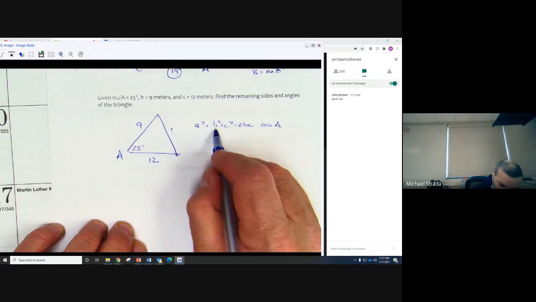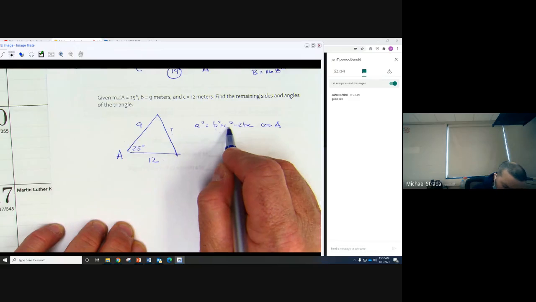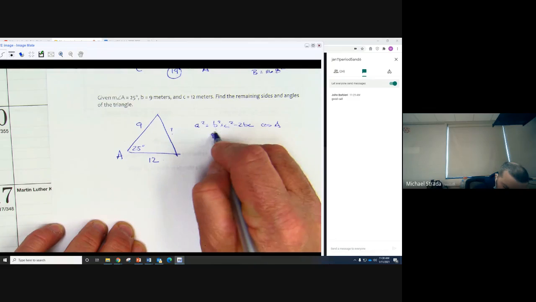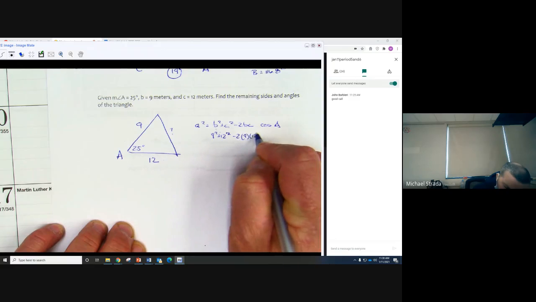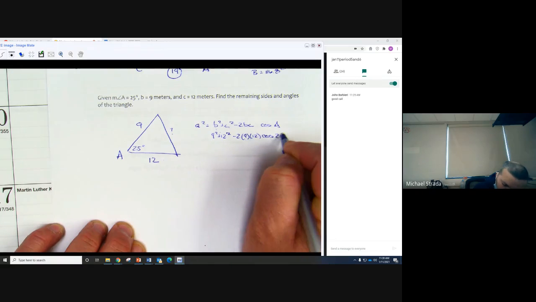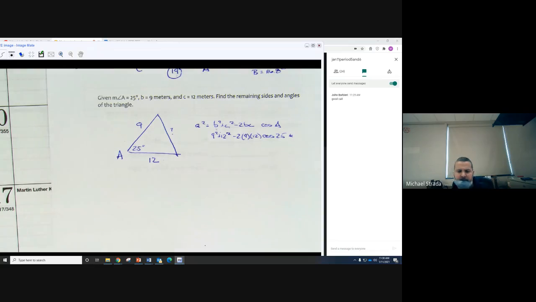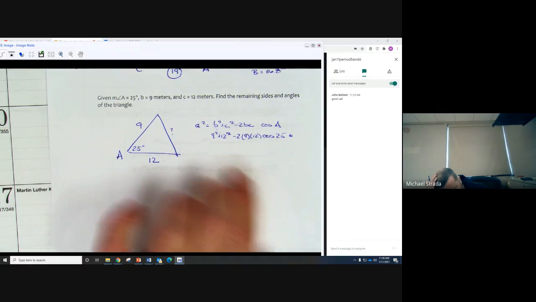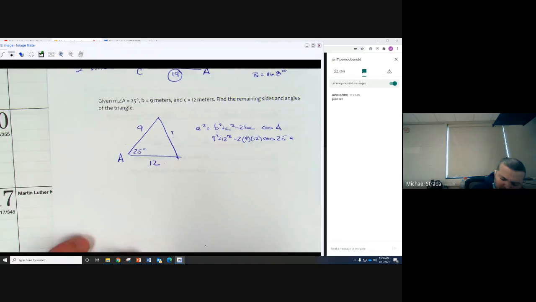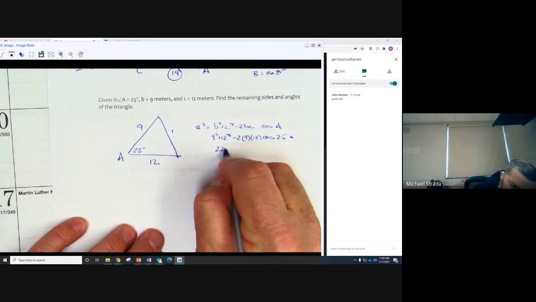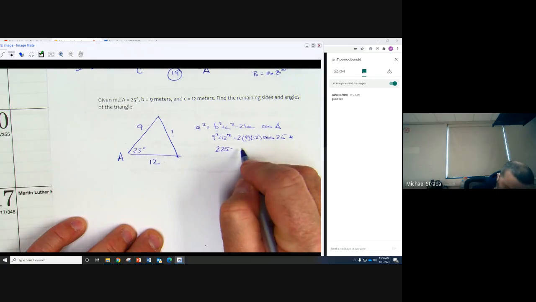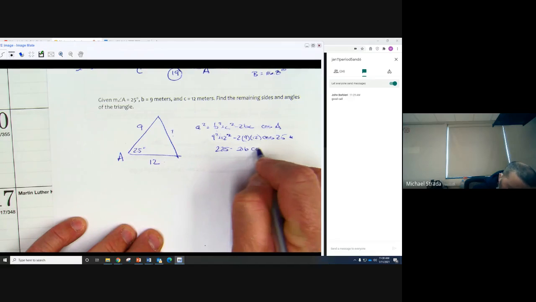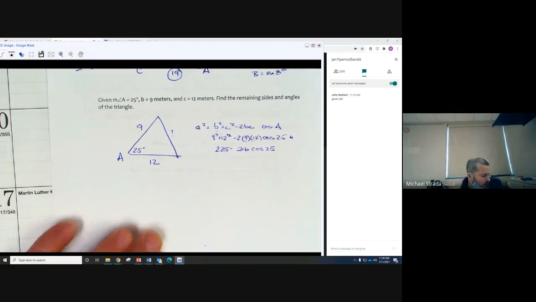So this would be 9, that would be 12. 9 squared is 81. We'll write it out. So that's, ladies and gentlemen, what I need to see for work. 9 squared is 81, 12 squared is 144. I add them up, I get 225. 2 times 9 is 18, 18 times 12 is 216, minus 216 cosine 25.